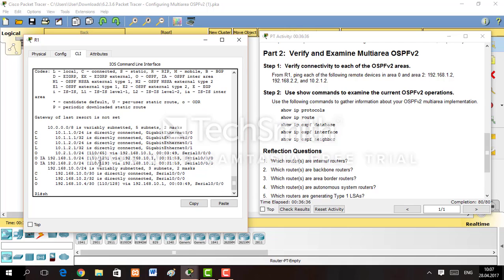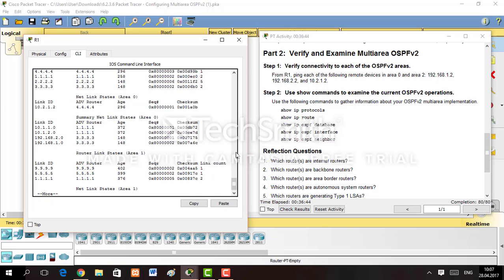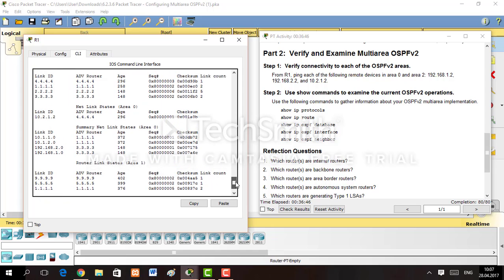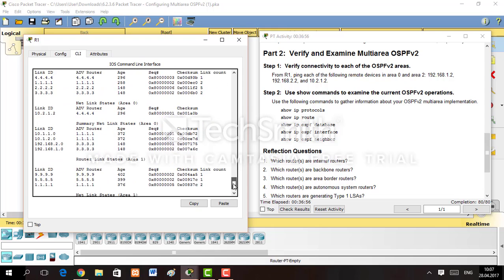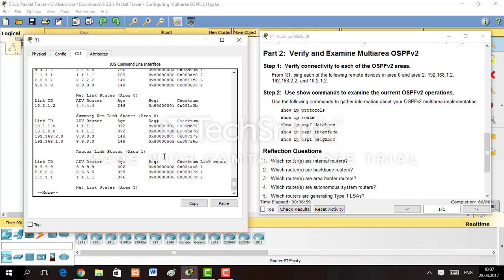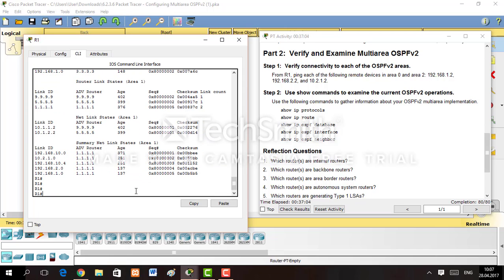Next, show IP OSPF database. And here we have information about OSPF, like areas, IDs, area 0 and area 1. Next, we have show IP OSPF interface.